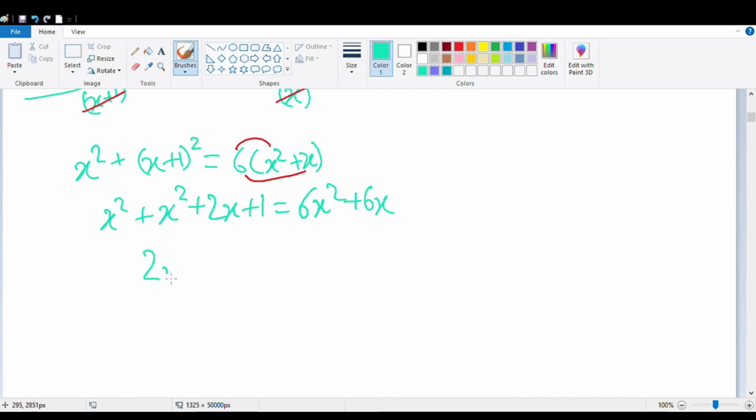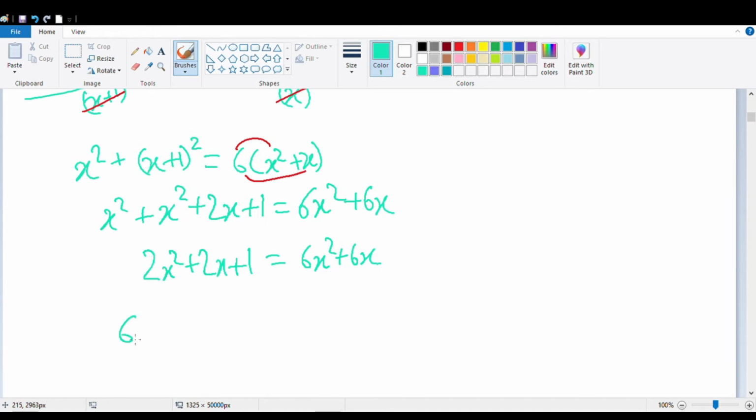So 2x squared plus 2x plus 1 is equal to 6x squared plus 6x. Now we see that on the right hand side, the coefficients of x squared and x are greater and they're positive. So we're going to send all the terms from the left hand side to the right hand side. But I'm going to be writing it on the left hand side.